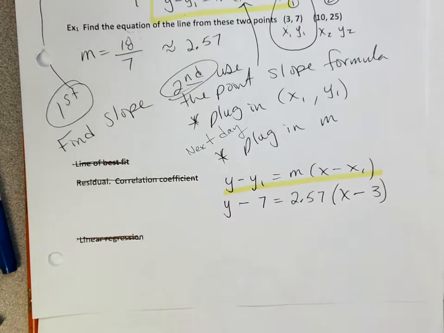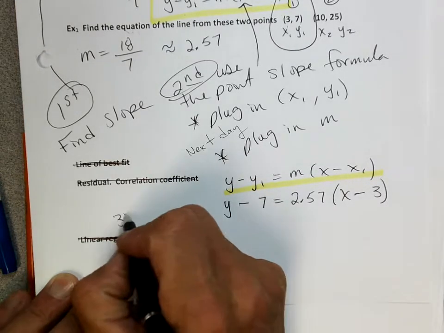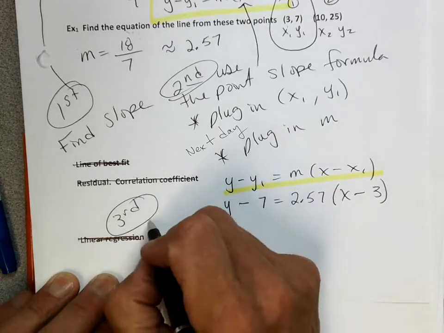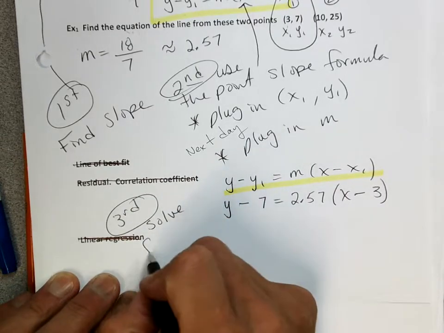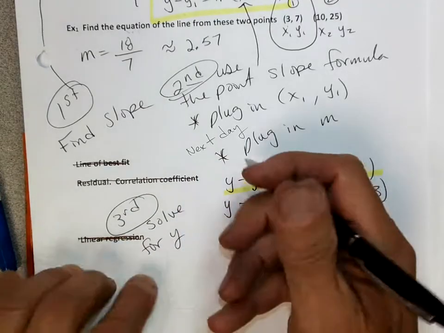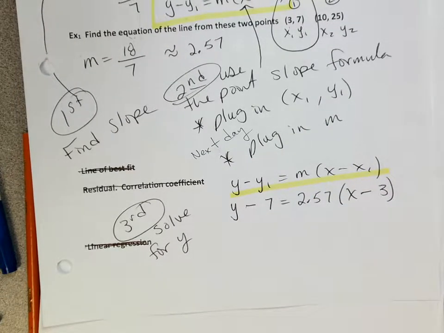So now the third step is to solve for y. And Morgan, I'll get you guys caught up. Zoe, question? What do we do with the 25? Really good question. Let me finish this up and I'm going to come back to it.